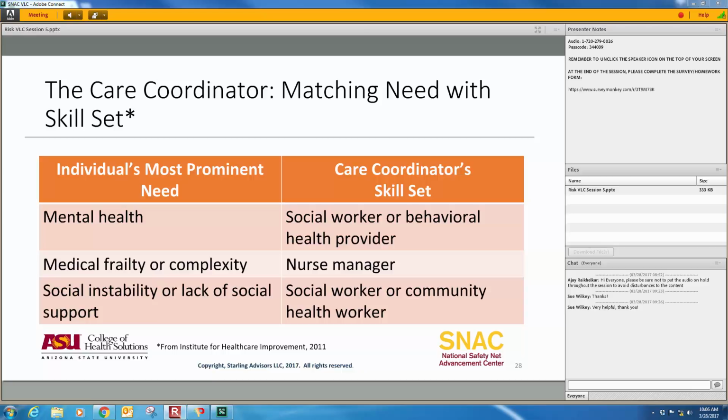Some groups might opt to build into their care model, and Andy's probably going to kick me under the virtual table for bringing this up for the millionth time, things like e-consults and clinical pharmacy, which might be more important as part of your care team in some parts of the country or regions of your state, but less important in others. So it really is about looking at the full spectrum of what you're trying to accomplish.